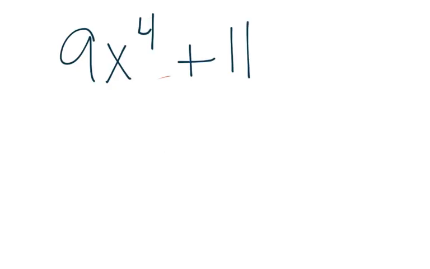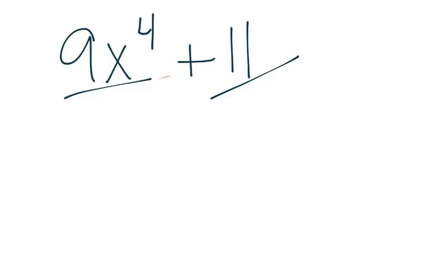All right. Let's draw another one. And let's say that I have 9x to the 4th plus 11. Well, this is clearly already in standard form because the powers decrease from left to right. So I have a 4th degree for the 9x to the 4th, and then I have a 0 degree monomial for 11.